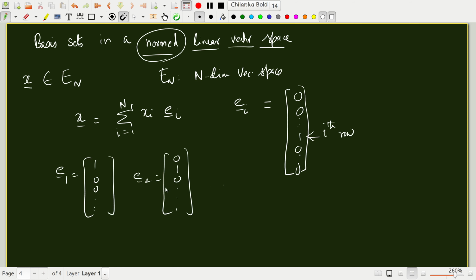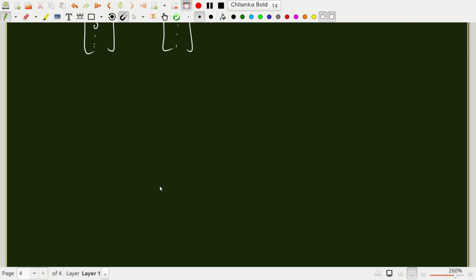Okay. So this is one of the simplest bases in an n-dimensional space. So this set of vectors e_1, e_2, e_3, ..., e_n is a basis set, where the e's are defined here. It's a basis set in the n-dimensional vector space.